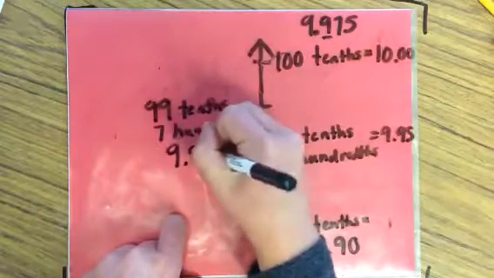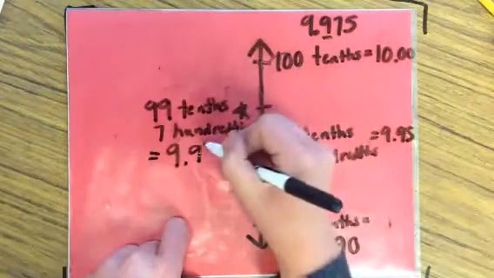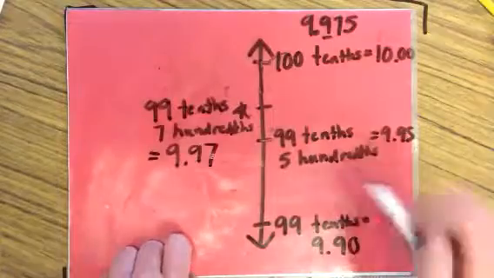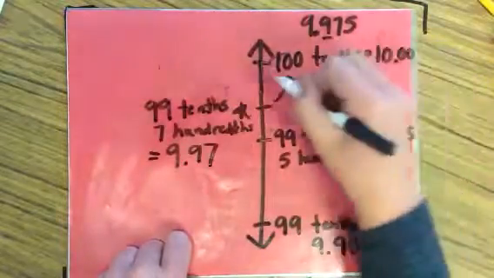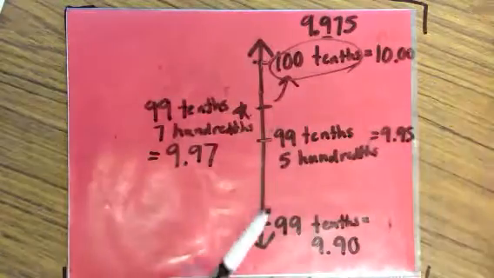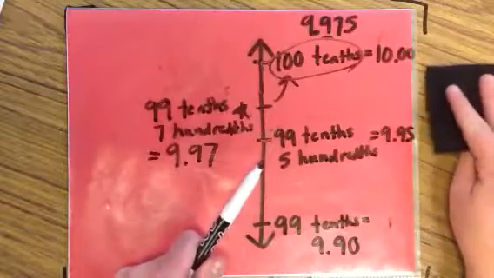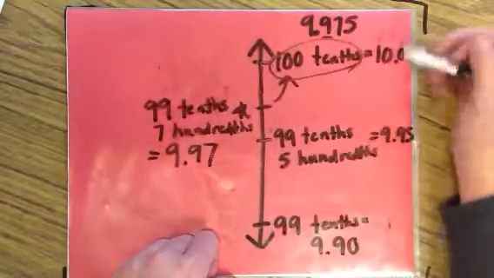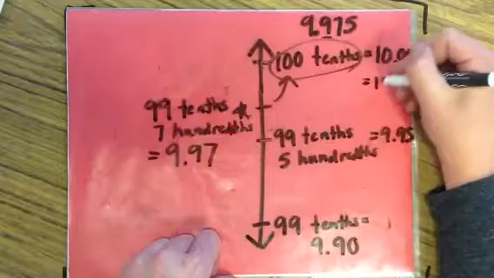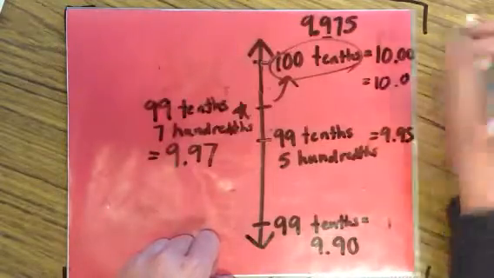Also the same as 9 and 97 hundredths. So once again, I'm going to round up to 100 tenths. Once again, we are rounding up to the nearest tenths. So I could also write this in standard form, just 10.0 if I wanted to.